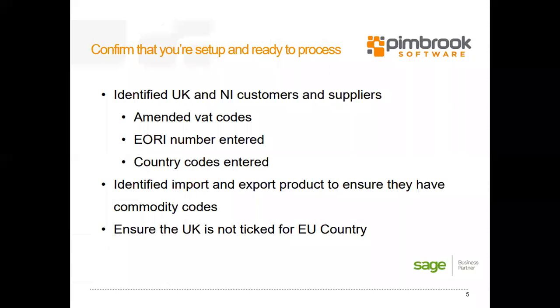Identify all your import and export products and stocks, and ensure that you now have all the right commodity codes entered into the system. Now, the UK has left the EU, so you have to untick the EU country box, because in the previous version, the UK is set up as an EU country, so this box will have to be unticked in this new version.